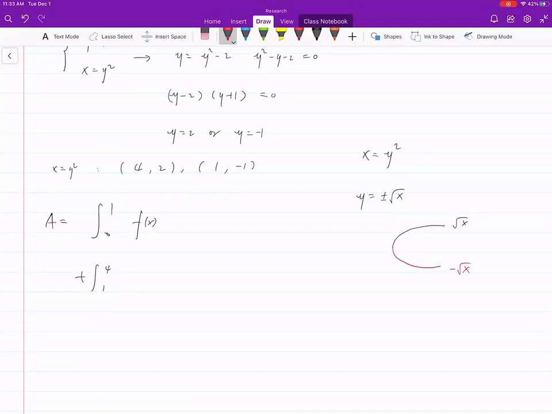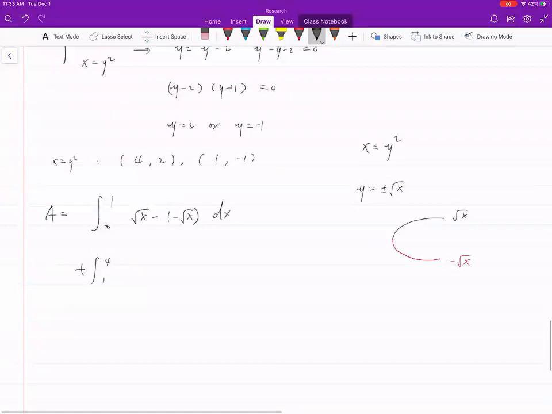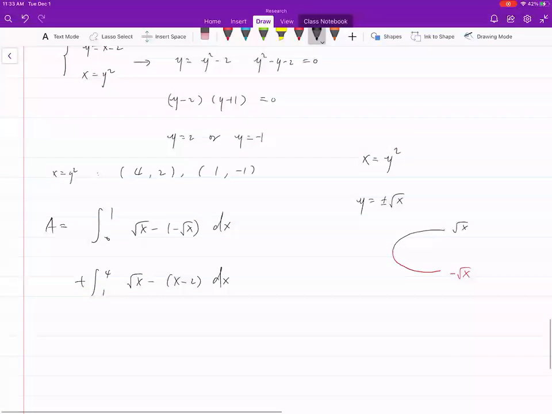With that in mind, what we can do is, on the first part, it's the top minus the bottom. The second part, it's going to be the top minus the bottom. Because you need a function of x, you cannot start with this. You have to actually solve y from here.